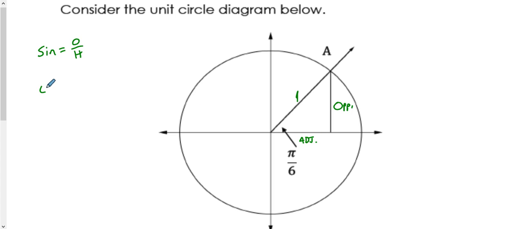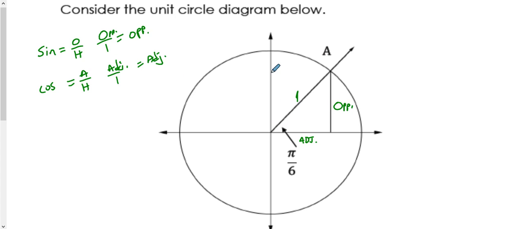And when we do a cosine problem, that is adjacent over hypotenuse. Well, I want you to think about this. If you do opposite over hypotenuse, opposite over 1, you're just going to get opposite. And on this one here, if you put adjacent over 1, you're just going to get adjacent, because any number over 1 is just itself.